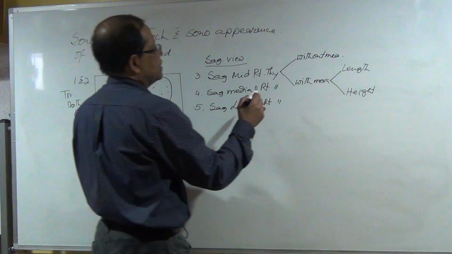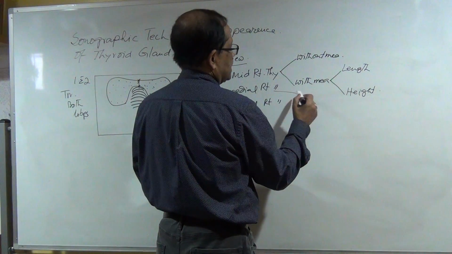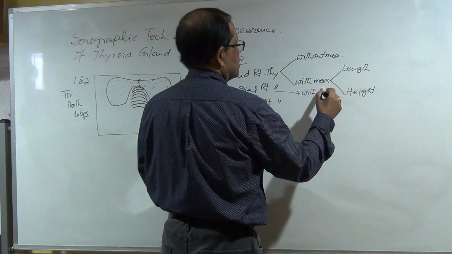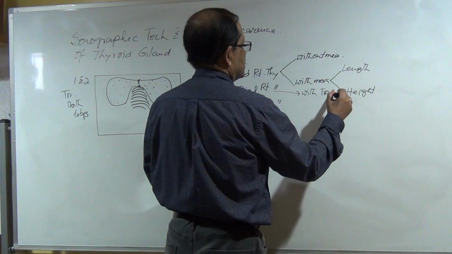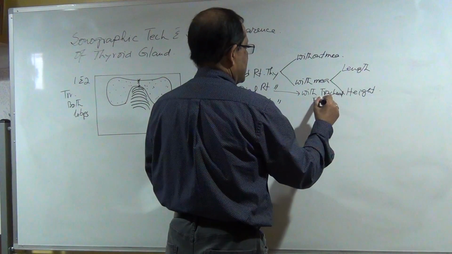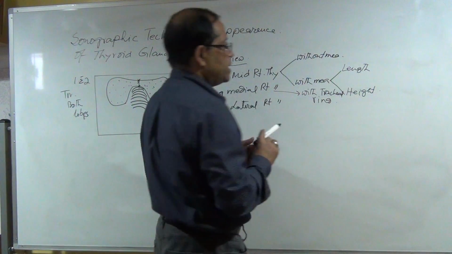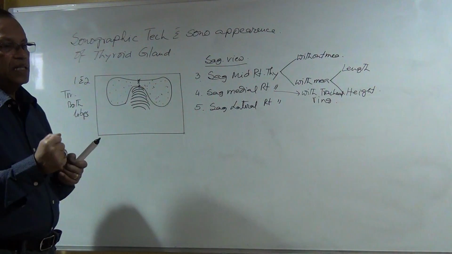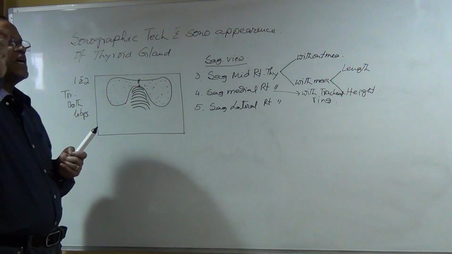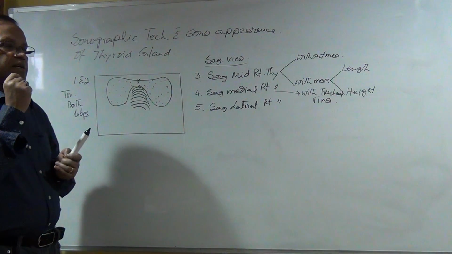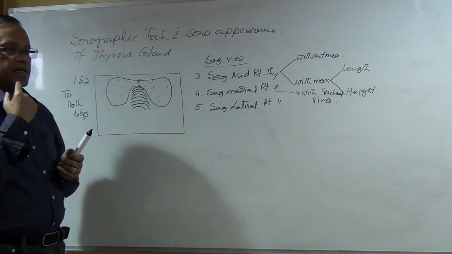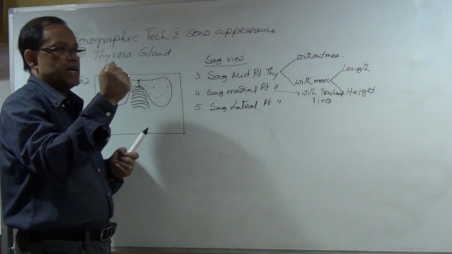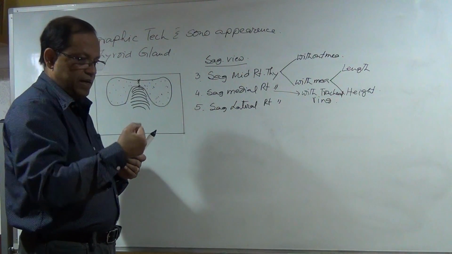So medial, it comes with the tracheal ring. When you see the tracheal ring, then it is medial. So above the tracheal ring, or anterior to the tracheal ring, that is isthmus. When you get the tracheal ring, then come back.